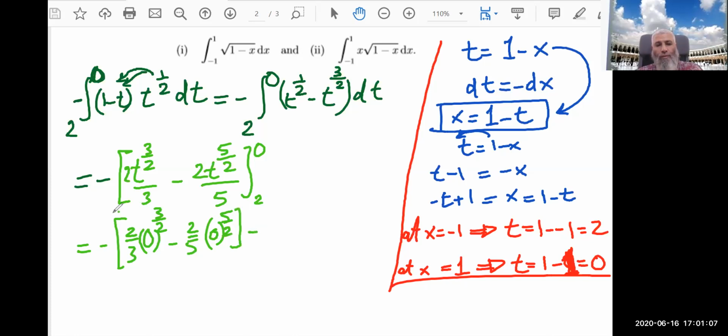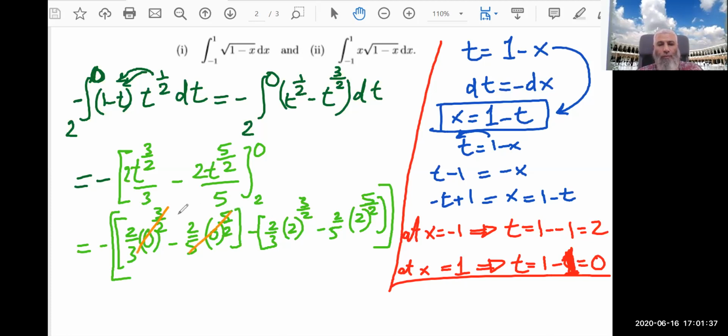Minus, here we put 2 over 3 times 2 power 3/2, minus 2 over 5 times 2 power 5/2. So this part is equal to what? 0, and this is 0. So minus, multiplied by this minus, will be positive.